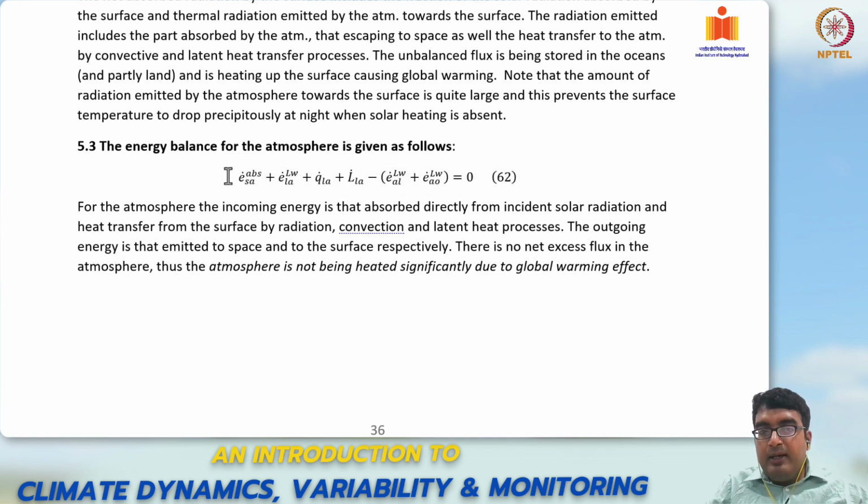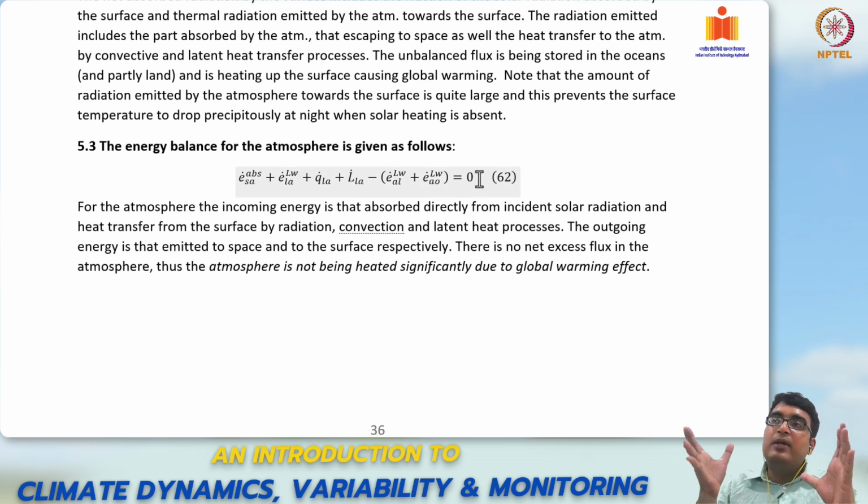These are all the incoming terms for the atmosphere layer. Outgoing terms are atmosphere to land long wave going towards the land, and long wave radiation emitted by the atmosphere towards space, and this term effectively is 0.